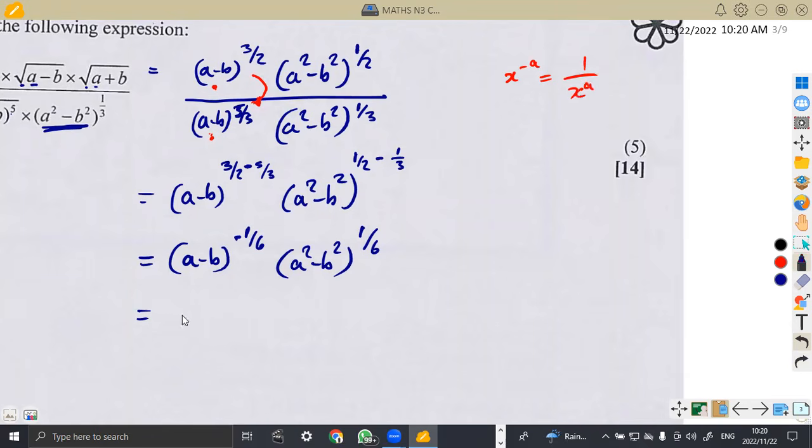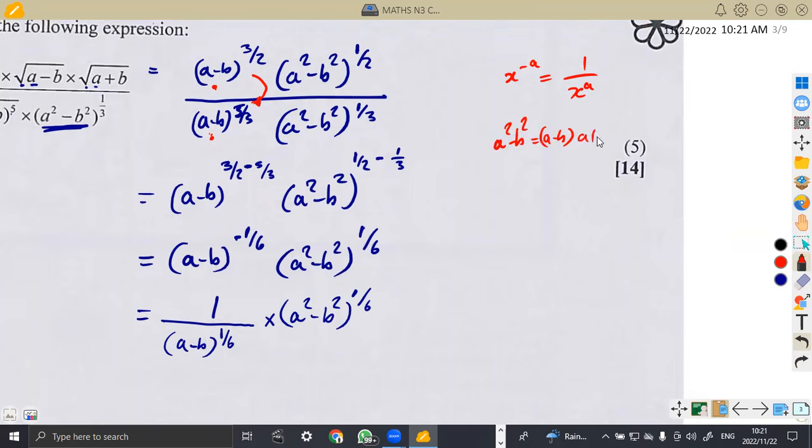So we are supposed to write this as 1 over a minus b to the exponent of 1 over 6, which is the same as multiplying. This is positive, so it's going to be on top. So it's going to be a squared minus b squared to the exponent of 1 over 6. Okay, but remember what we did before. We said a squared minus b squared was taken from a minus b, a plus b.